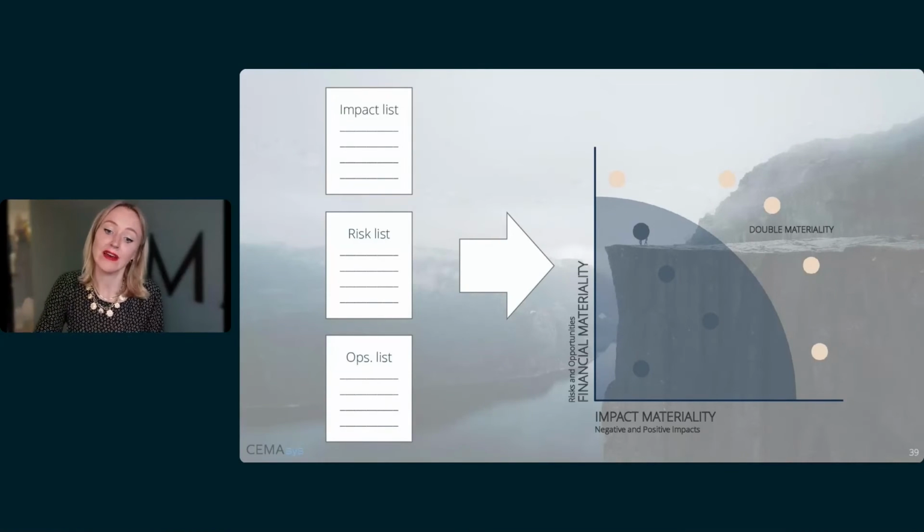Financial materiality will then be scored on the y-axis, and that will be a combination of the risks and opportunities. Then it's up to the company itself where they want to set their reporting threshold. You'll have to discuss internally post-analysis where you should actually set this threshold for reporting.